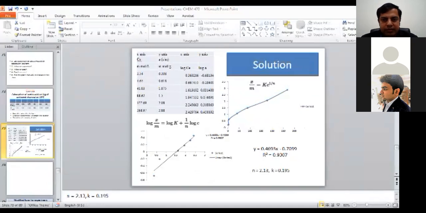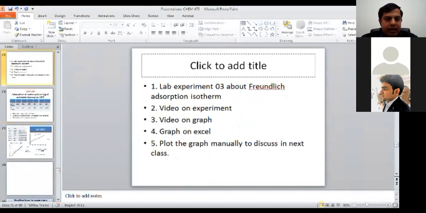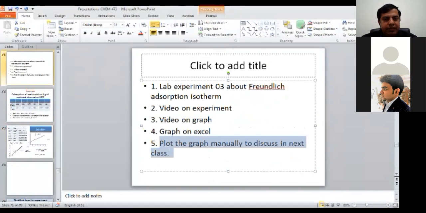Now moving to the last one. With the same data which I have shared with you, you have to plot manually, and you have to submit on Moodle. I will share the link in the coming week. You can plot on Excel, and you can also plot manually and take a picture of what you have plotted.